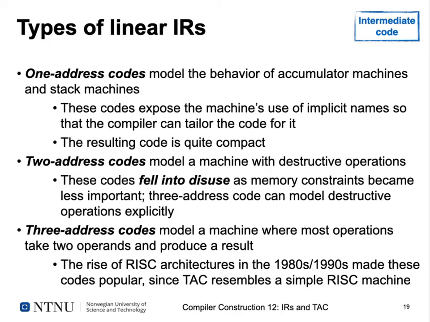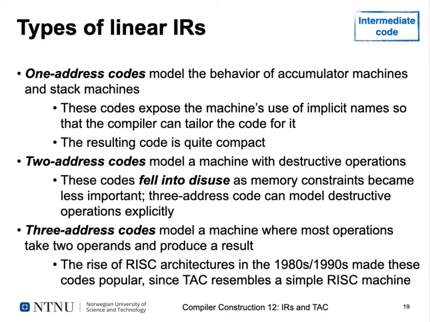We can also have two-address codes, so these would model a machine with destructive operations, so we can have two, for example, registers as source operands, but our machine would imply that one of the two registers would also be the target register.